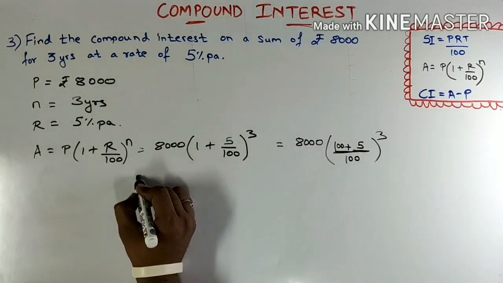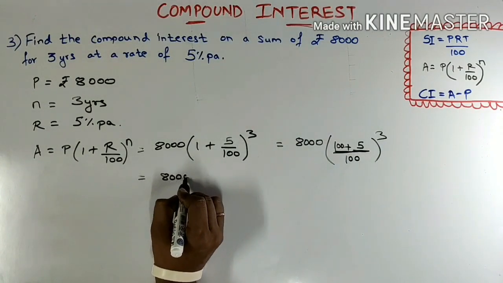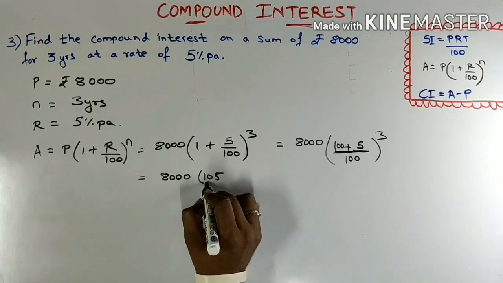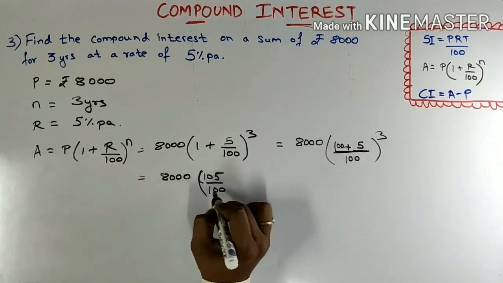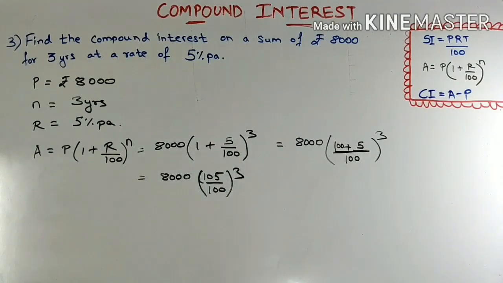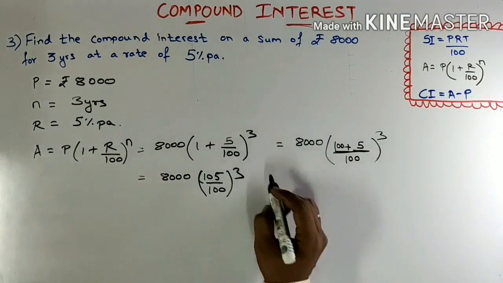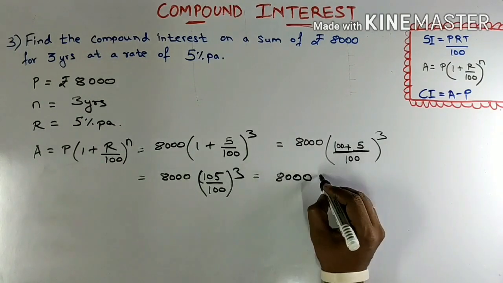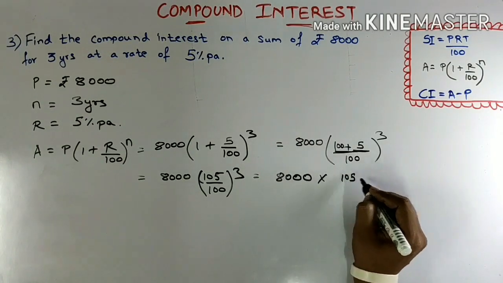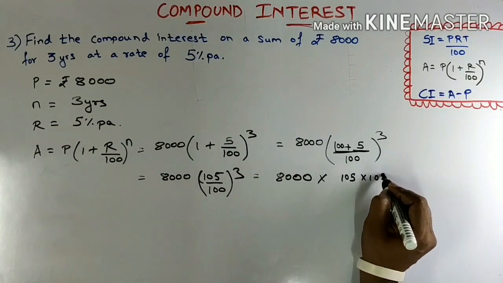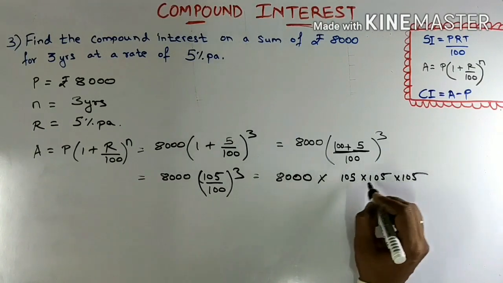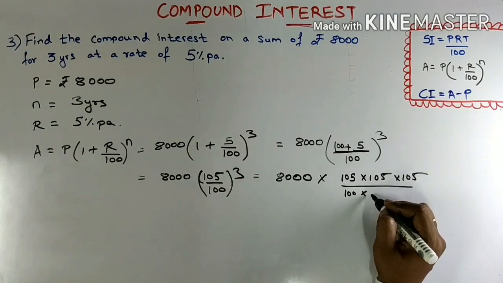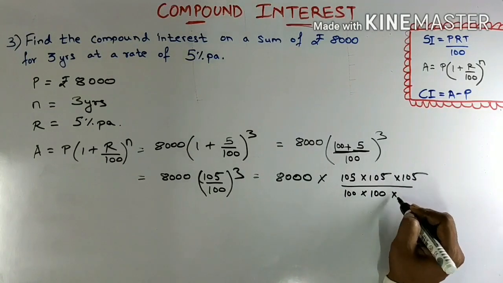That will give me 8,000 into 105 upon 100, the whole cube, which I can write as 8,000 multiplied by 105 into 105 into 105 upon 100 into 100 into 100.